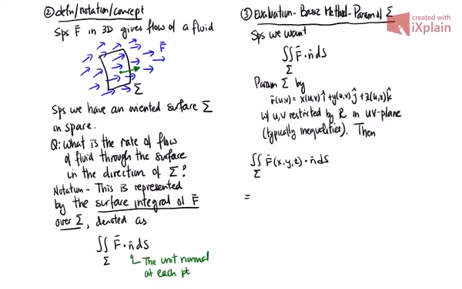So this becomes plus or minus, and I'm going to say something about this plus or minus in a second. The integral over R of F. Wherever I see an x, I put x of u and v. Where I see a y, I put y of u and v. Where I see a z, I put z of u and v. And then I dot this with the cross product r_u cross r_v.